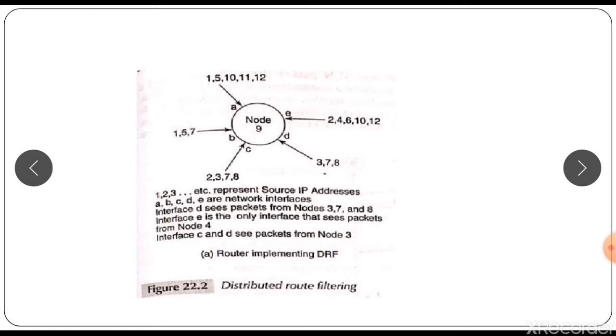Here this is a router implementing distributed route filtering, DRF. Each of its interfaces is marked with the source addresses that use that interface en route to some destination. The packets from the same source may enter the router through different interfaces.